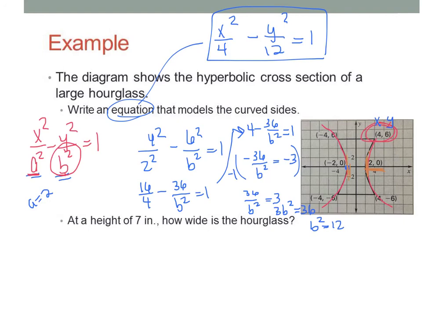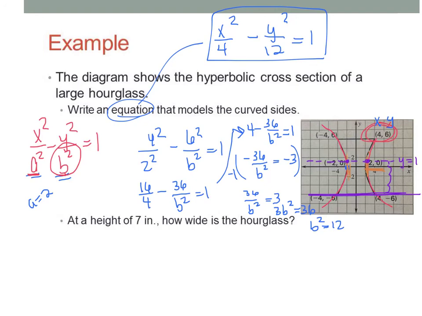We have to start at the bottom, and this is actually the bottom of the hourglass. So at a height of 7 inches, we're going to go up 2, 4, 6. 7 puts us at y equals 1. Okay, so then the question is, what's the distance between that point and that point?